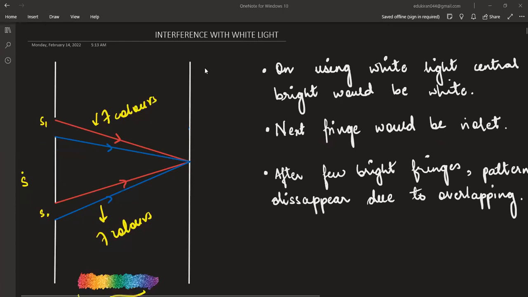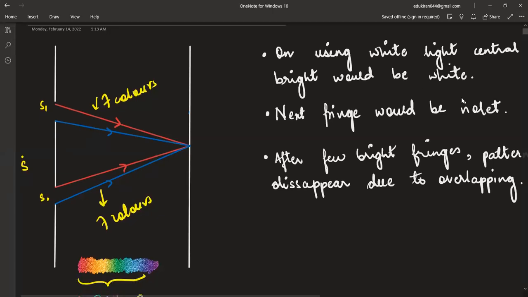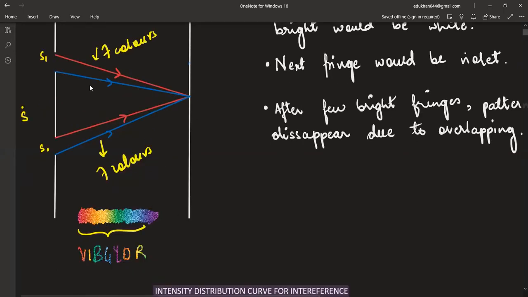See class, interference with white light. These are all the 7 colors, all the colors of the rainbow, Vibgyor. Like this, all these colors have been spread. So here at the center, a white fringe is obtained.